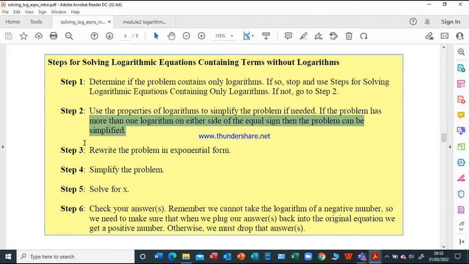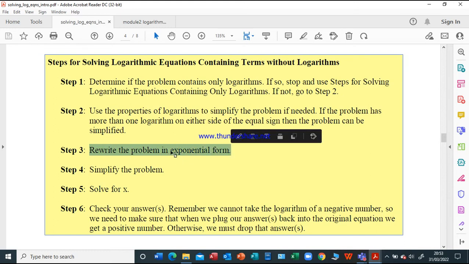Then step number 3, after you've simplified, you rewrite. That's now a very important step, the new one. Rewrite the problem in exponent form, because on the right hand side there will be just a number. So how do you rewrite? You take the base and raise the base to the number that is on the right hand side.